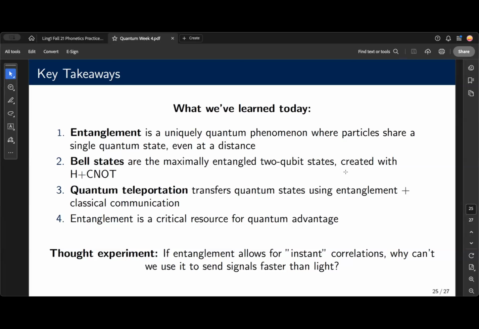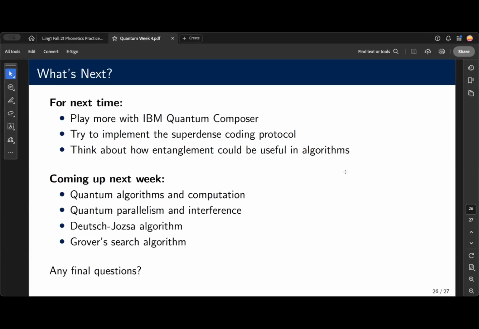All right, so for next time, we're gonna play a bit more with the composer and try to implement things. We're gonna skip the superdense coding part, but we're gonna think about how entanglement could be useful in algorithms. So in the coming weeks, algorithms and quantum advantage will be covered in depth.